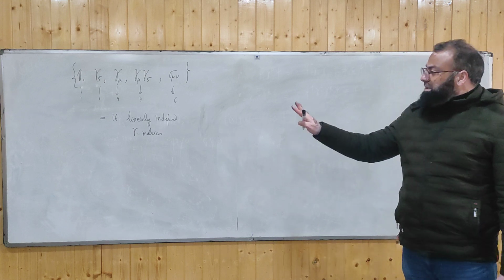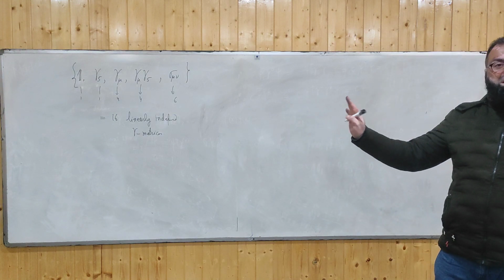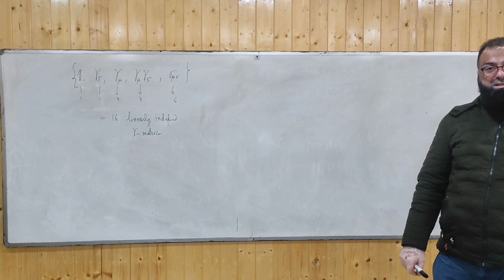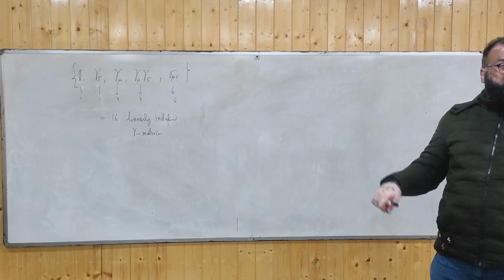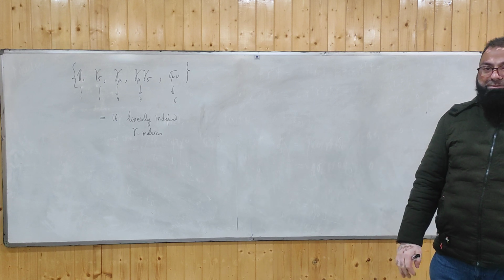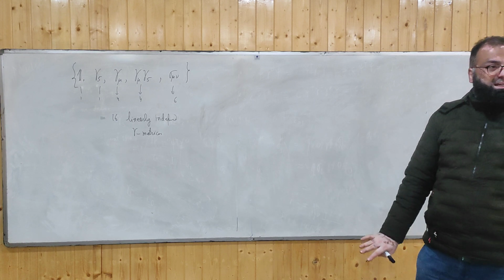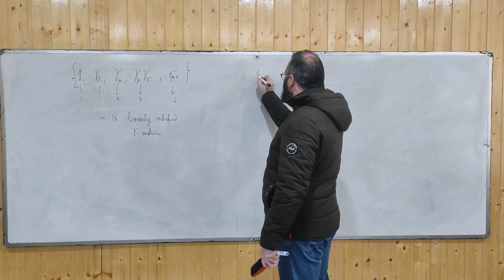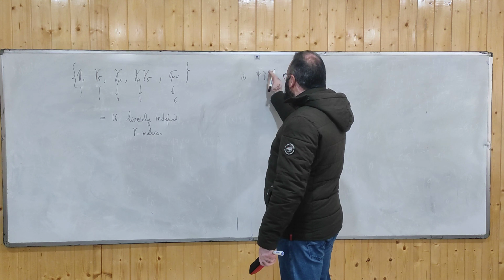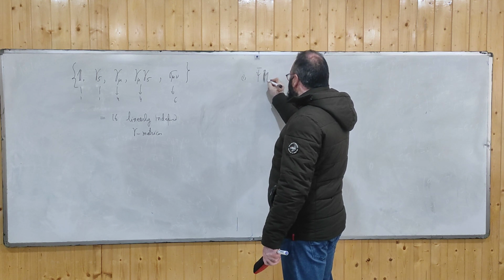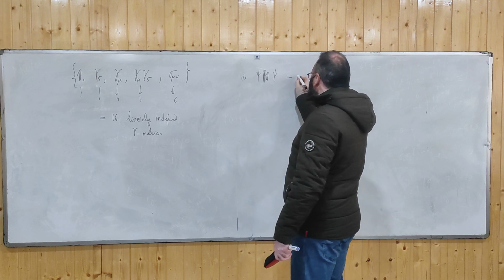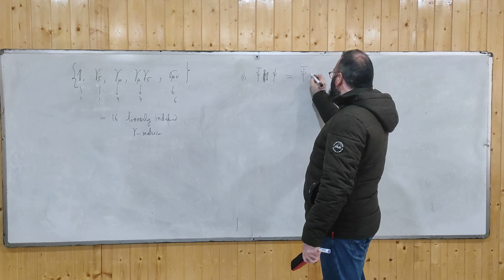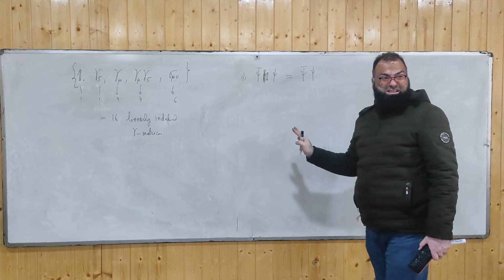So we can construct using these 16 gamma matrices different kinds of objects. Let's take the first object: we have constructed psi bar psi. Is that true?